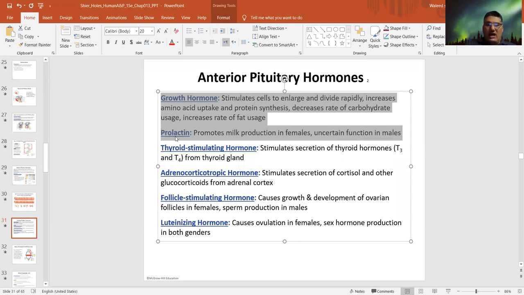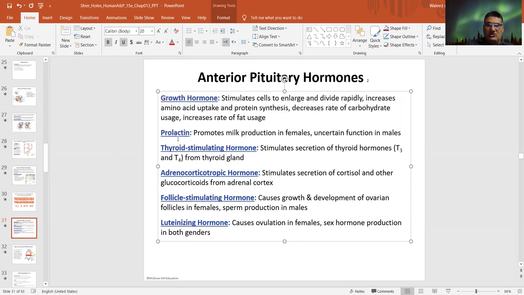On the other hand, prolactin is also secreted from the anterior pituitary. Translate: pro, when you are pro something, means you are with something, or you are stimulating something. Lactin is coming from lactation, which is breast milk.